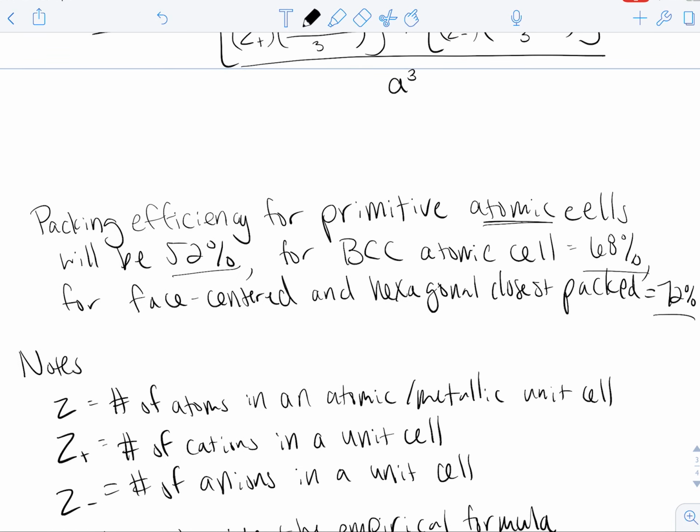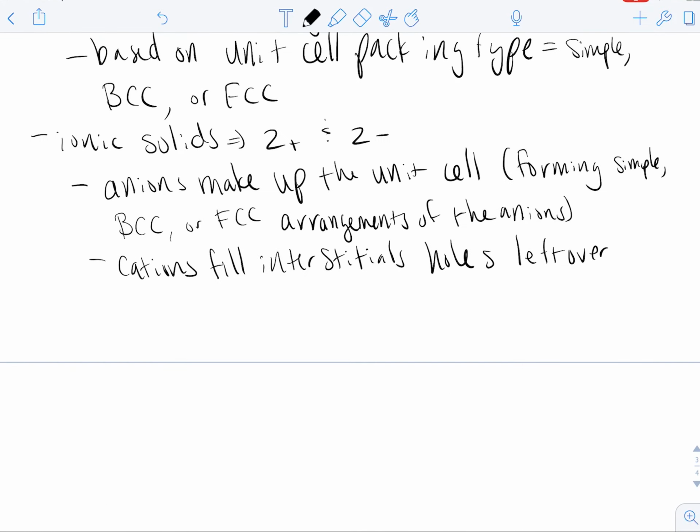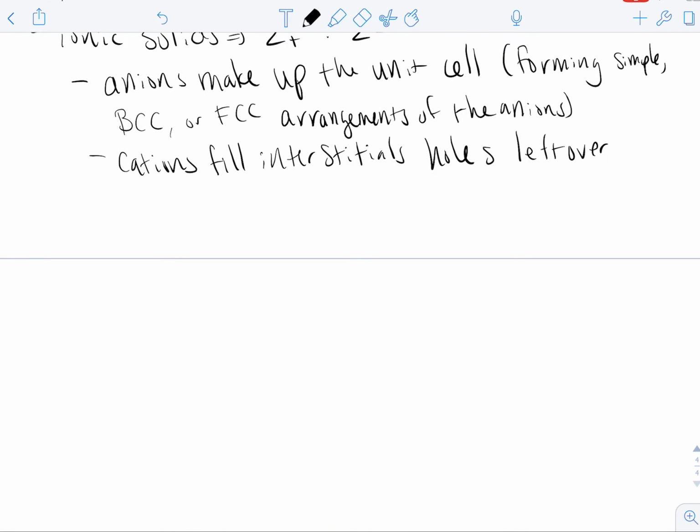And then here we have 28% of the unit cell that's left over that can be filled with cations. So that's why our packing efficiency for our atomic cells will be this, but since we have cations, we can shove them in those spaces that have not been taken up by the anions.